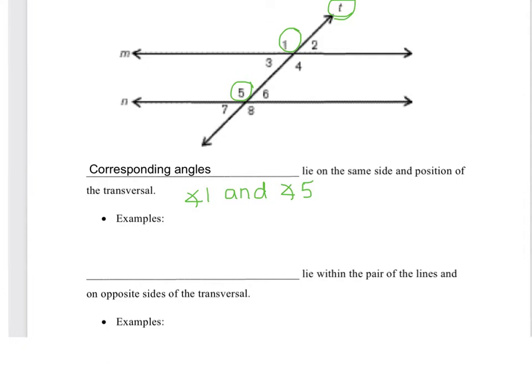Let's look at another example. We have angle 2. So angle 2 on line M is the top right-hand corner. Well, now let's look at line N. Where's the top right-hand corner? That would be angle 6. Therefore, angle 2 and angle 6 are corresponding angles.